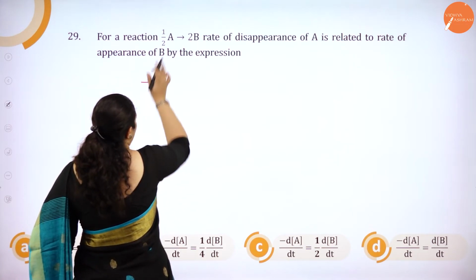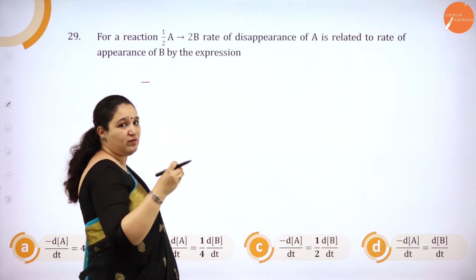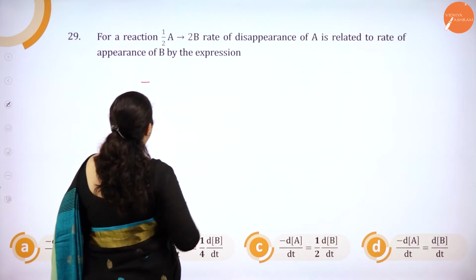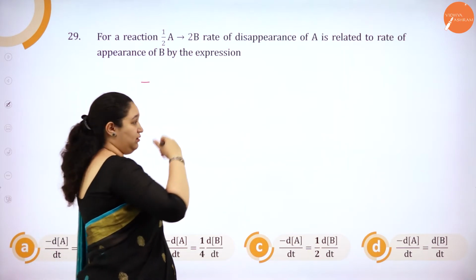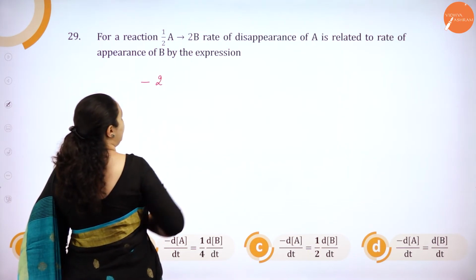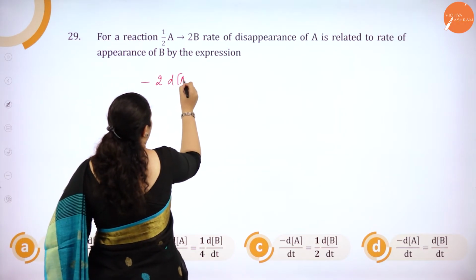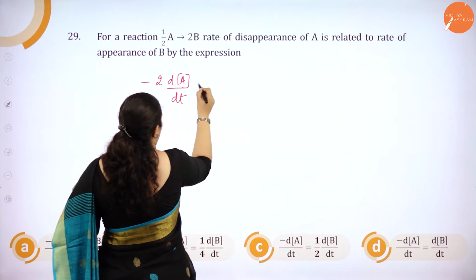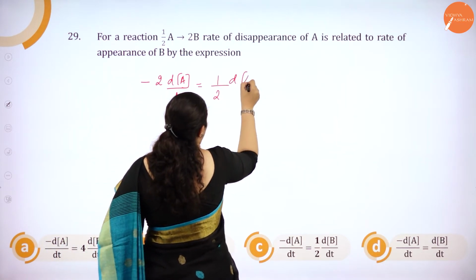So it is minus, because the reactant always decreases, we put the negative sign, and half is there. When half comes in the denominator, 2 will go to the numerator, that is the reciprocal I have to write. So 2 dA by dt is equal to 1 by 2 dB by dt.